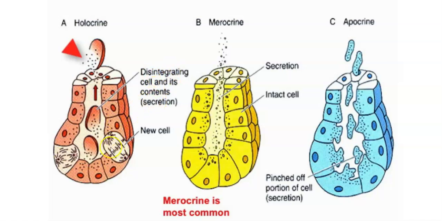And this is mitosis happening. You can see that metaphase going on with this one. And so the new cell is replacing the cell that might have just gone up there. So that is our types of exocrine glands and the three types of secretion from those glands. And you do need to know those different types.